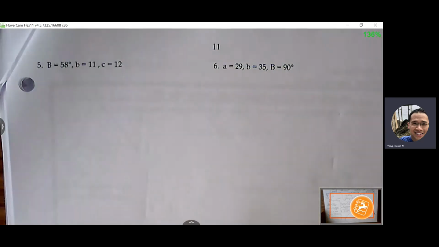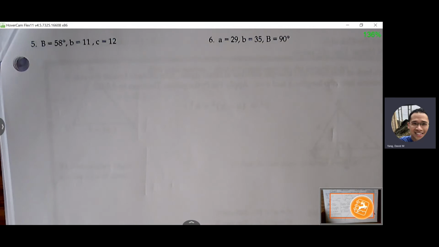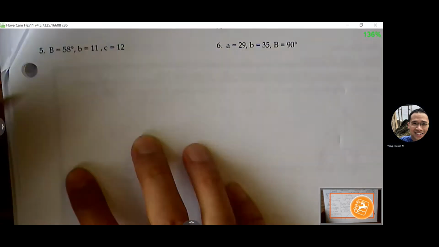Okay, number 5, our last problem here. Okay, so let's create our triangle.